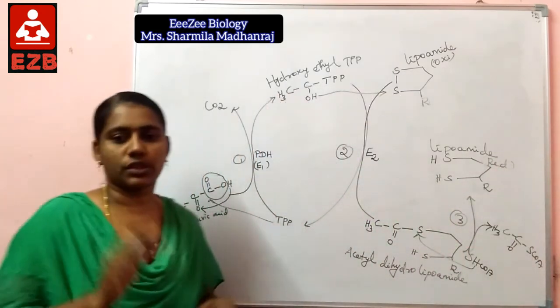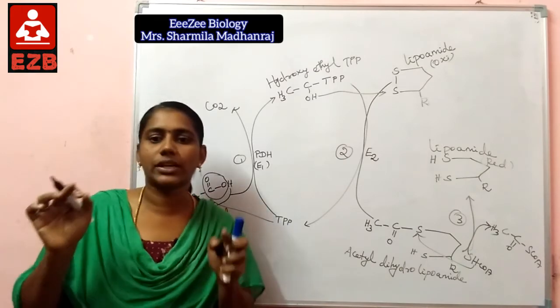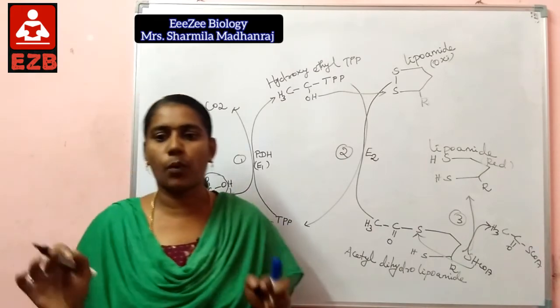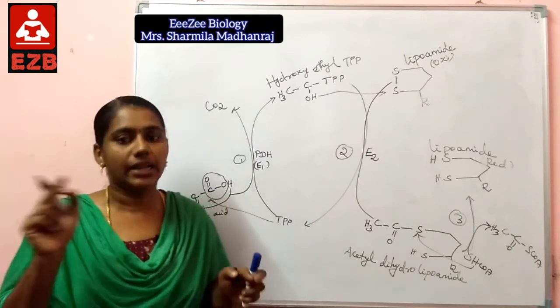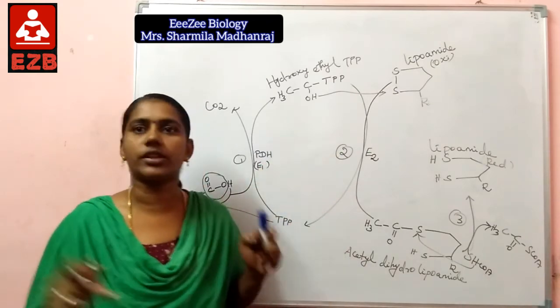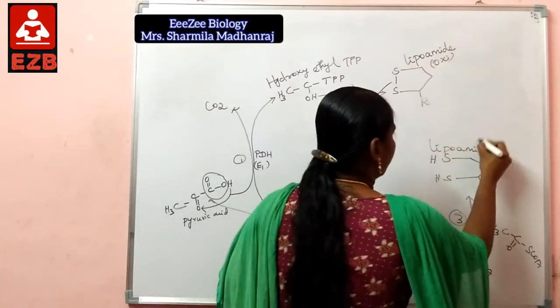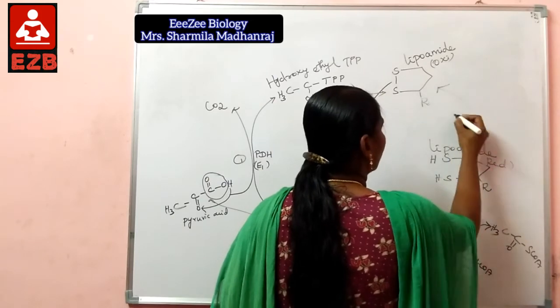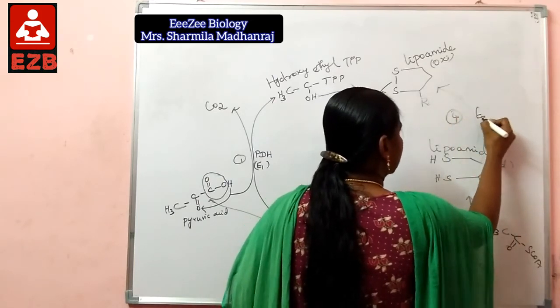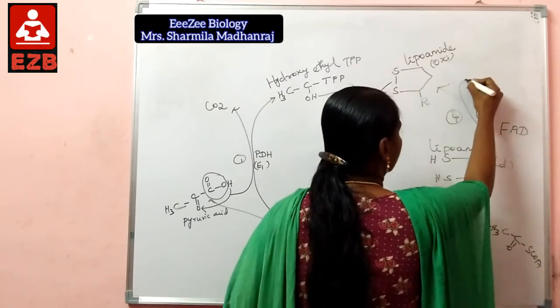Next, the fourth step. In the fourth step, the third enzyme is involved. The third enzyme is dihydrolipoyl dehydrogenase enzyme, that is the E3 enzyme. Here FAD enters into this reaction.